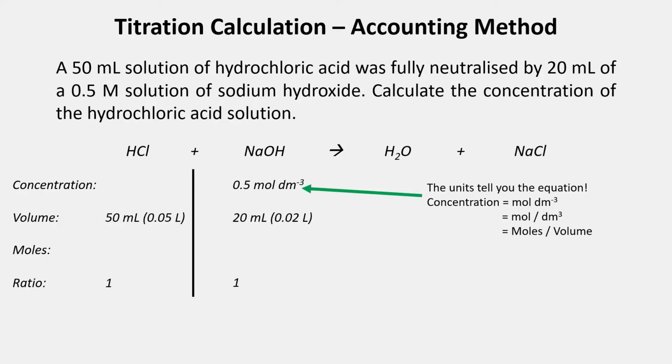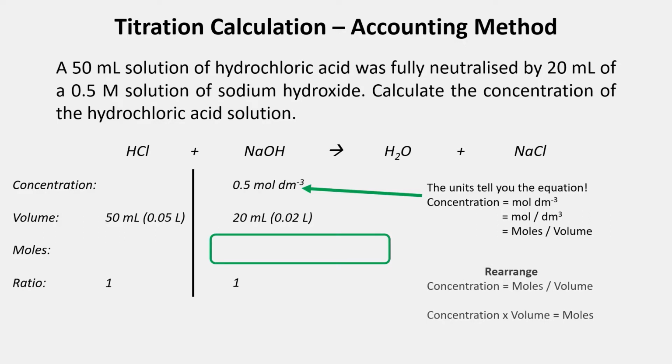Now we only have one space in the base column, so we can work this value out. We need to calculate moles, so rearranging the equation for concentration that we just got from the units by multiplying both sides by volume, we get concentration times volume is equal to moles.